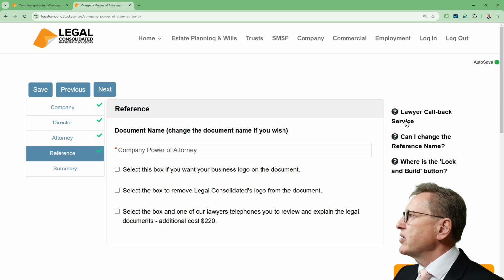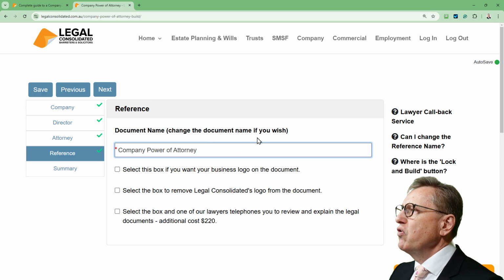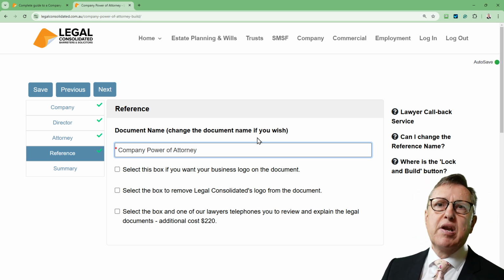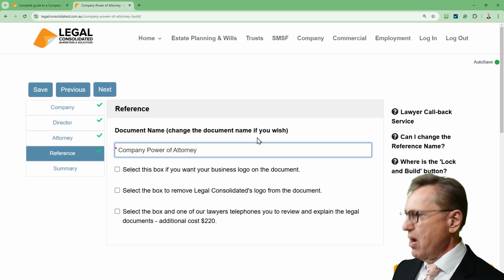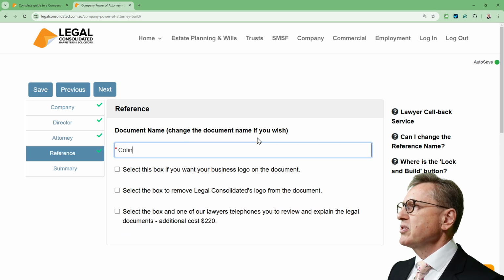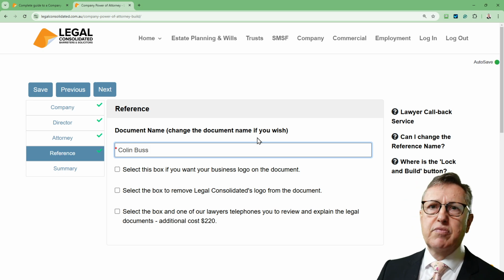Lawyer callback service. Can I change the reference name? You will note that we give a name automatically, being the name that we give it at Legal Consolidated. However, if you're an accountant, and let's say this is Colin Buss, then we've got some accountants, lawyers and financial advisors who have done hundreds of documents with us.